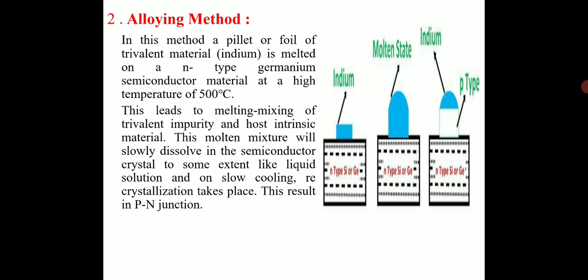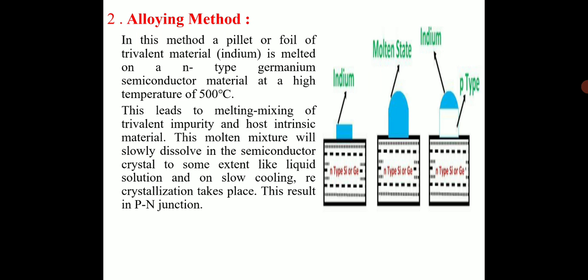In this method, a pellet or foil of the trivalent material, that is the indium, is melted on an n-type germanium semiconductor material at a high temperature of 500 degrees Celsius.